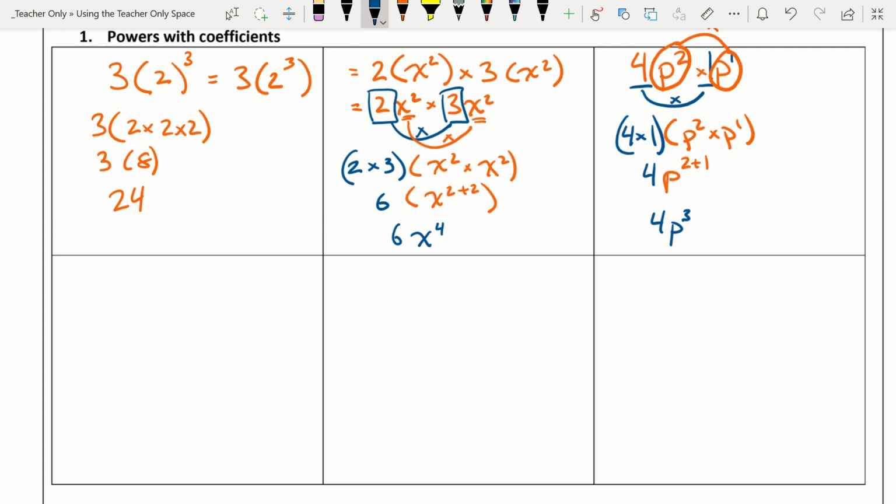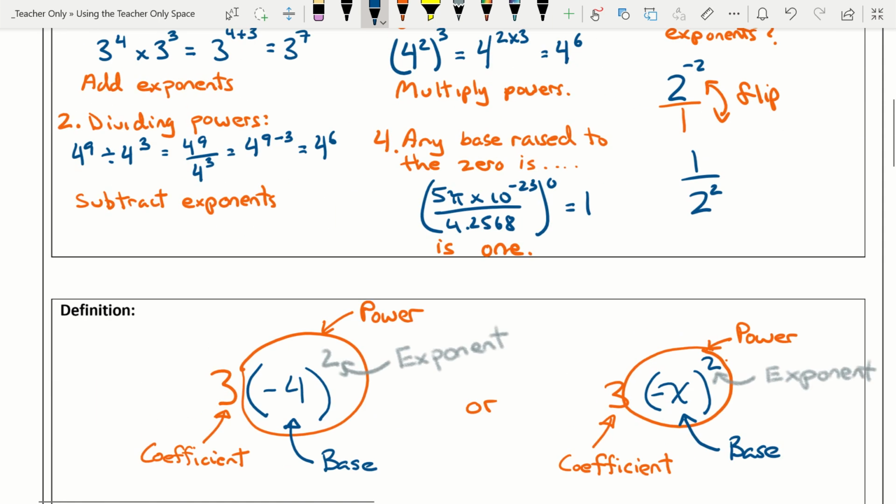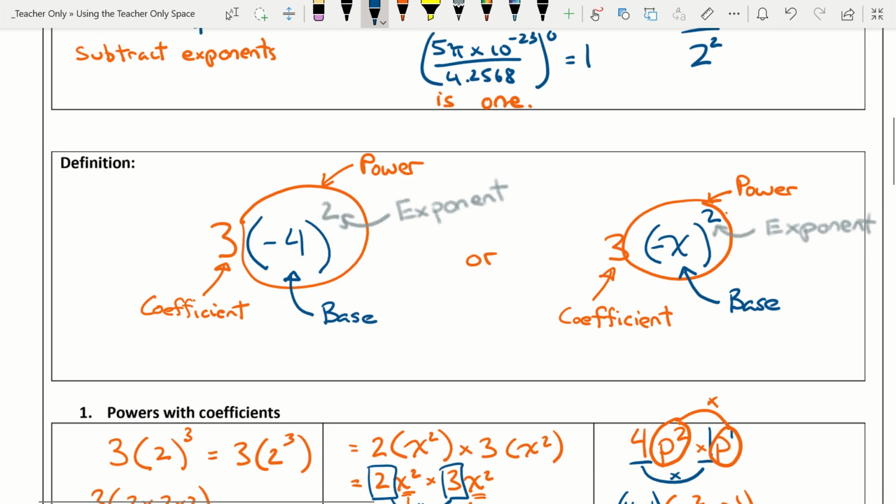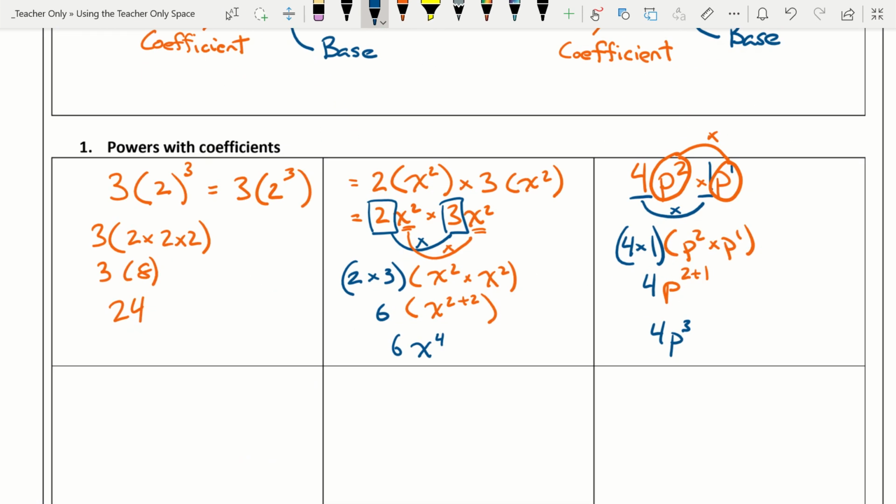So again, the first one here, we had a numerical base, we can just evaluate it out, or frankly, that was the only option for that one. The next one here, we have variable bases, and they're the same, so we used our exponent law number 1 here: multiplying powers, then we add their exponents. And we did that for these two.